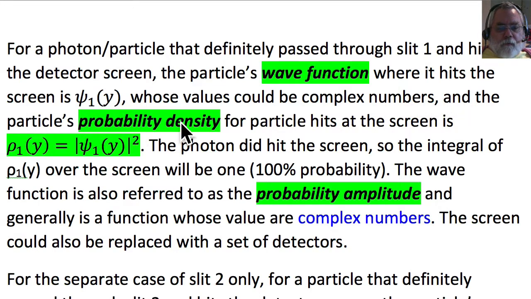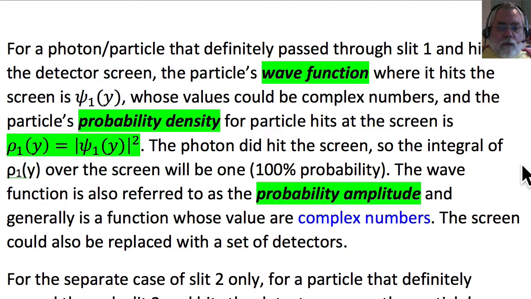The particle's probability density for a particle hitting the screen at location y will be rho sub 1 of y, which will be the square of the magnitude of the wave function. The photon did hit the screen, so the sum or the integral of the probability density over the whole screen will be 1, because that's 100% probability, and every particle did hit the screen. Every particle that went through the slit hit the screen.